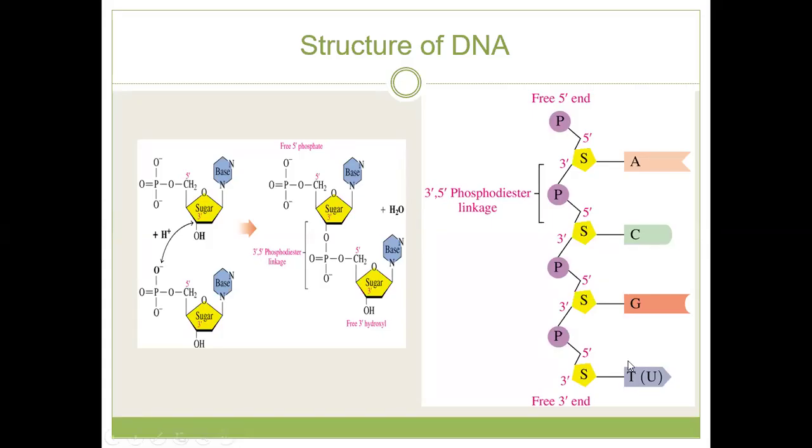Now, the next one here is deoxyguanylate. Which nucleotide will bind to this one? Deoxycytidylate. The next one is either thymine or uracil. Remember, this is just a single strand, so it can be either thymine if it is DNA or uracil if it is RNA.